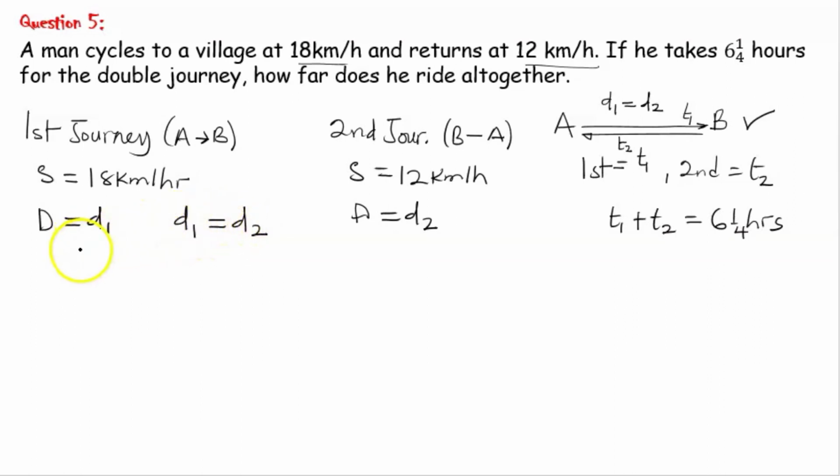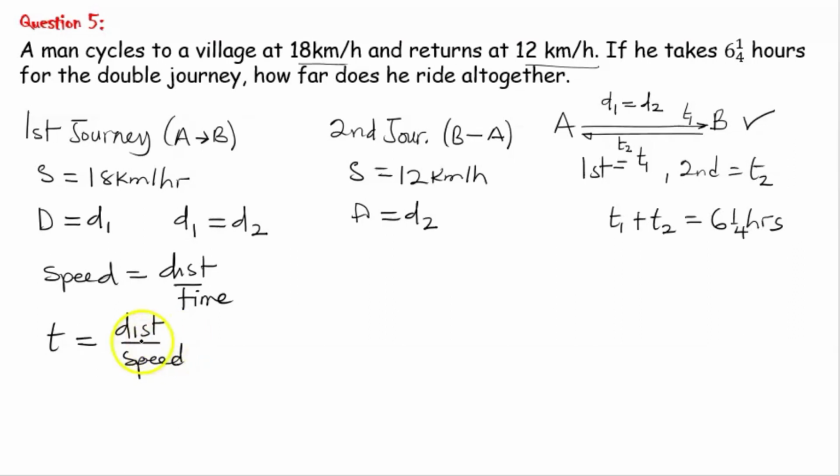It remained the same. All right. And I know that speed is given as distance traveled over time taken. For me to get my time, it is going to be distance divided by speed.